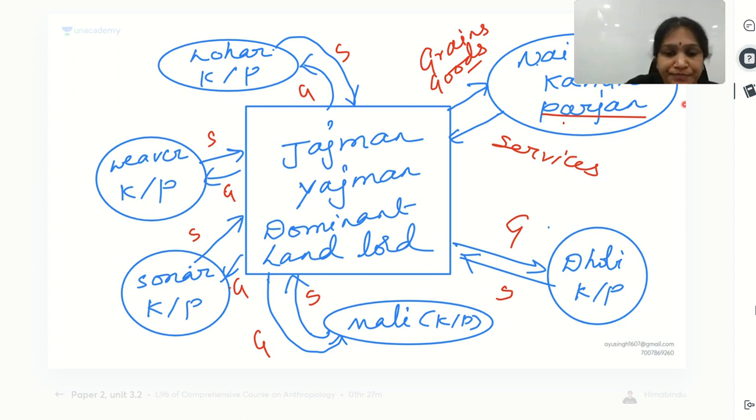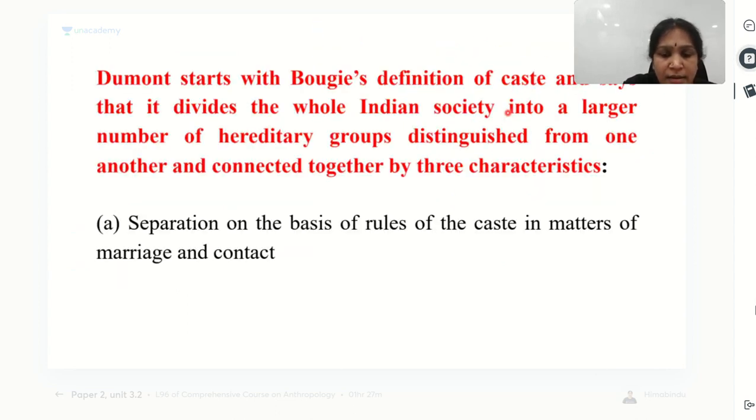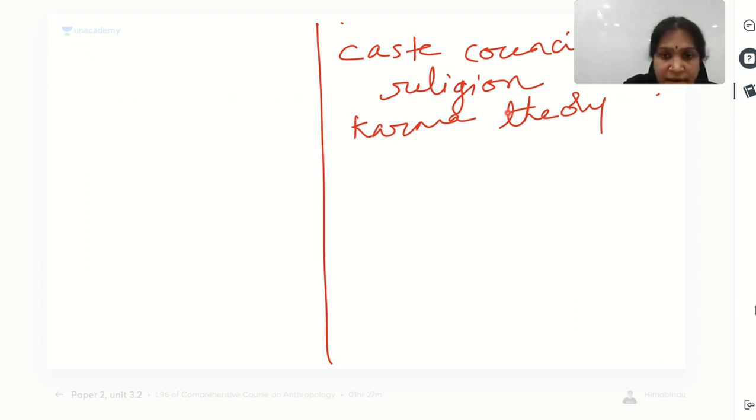So fine, we have seen what the jajmani system is, and the difference between barter and the jajmani system. And we have seen some 7-8 reasons why the jajmani system is becoming weak: modernization, urbanization, the Parsi family expecting returns in cash, the jajman family expecting factory-made finished goods, caste councils abolished, the zamindari system abolished, people cultivating cash crops, not food grains, and modern education and modern occupations, so the next generation will discontinue that.